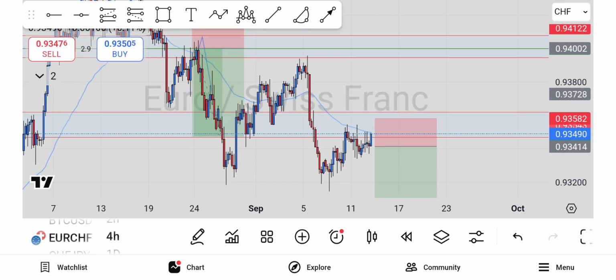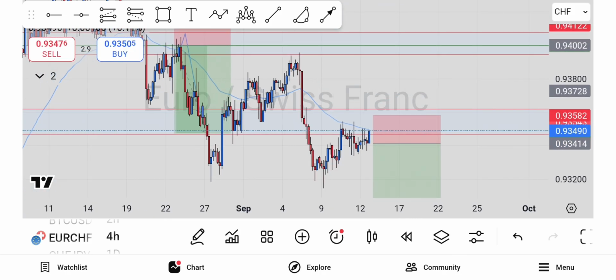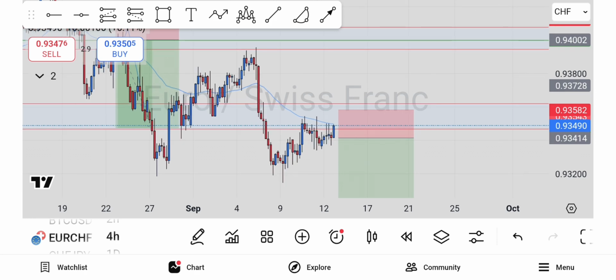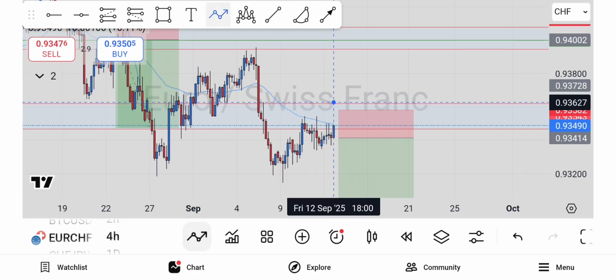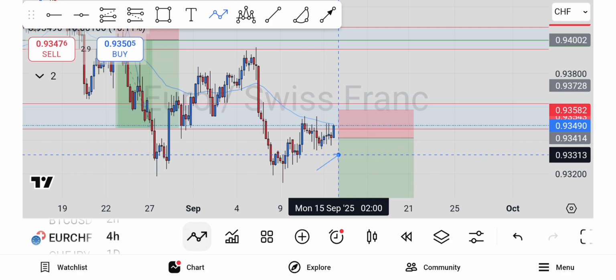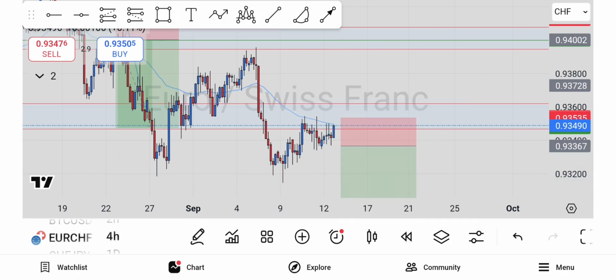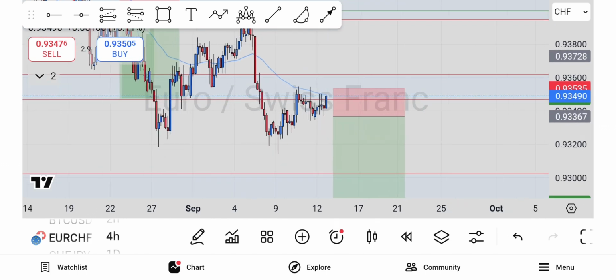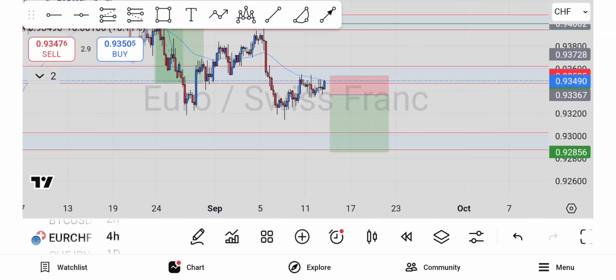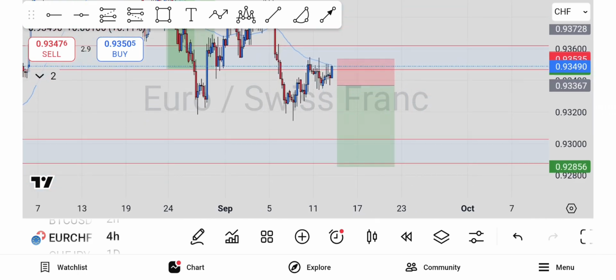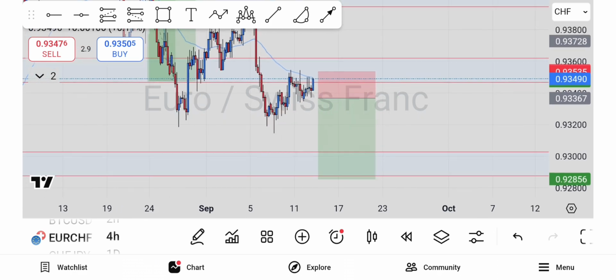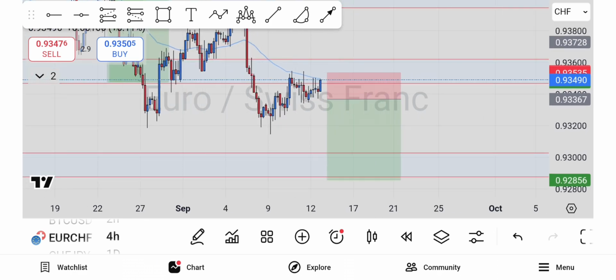Euro CHF, we are also expecting price to give us a reversal candlestick from here so that we can enter the sell. But we are going to enter the sell somewhere around here, so that price leaves the zone and gives us the strong bearish sell signal, then we can enter the market from this point.